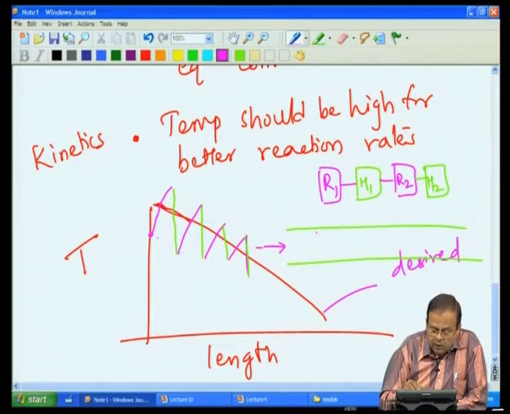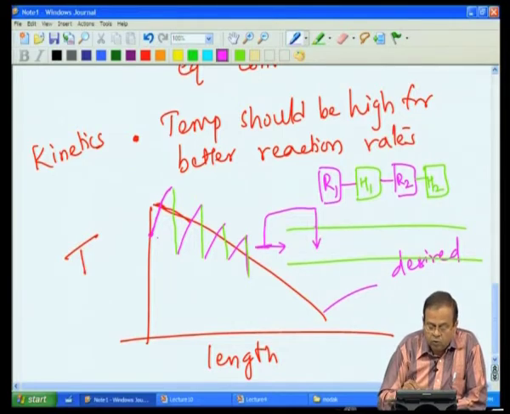Then what will happen if I run it as adiabatic? Let us say the temperature starts increasing, like this over here. Then in order to bring down the temperature, instead of using a heat exchanger, I can actually use the cold feed at a different location.